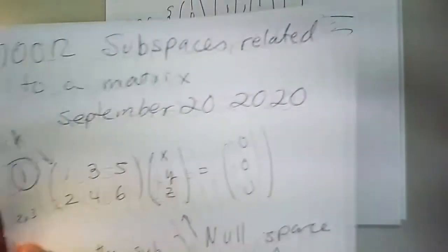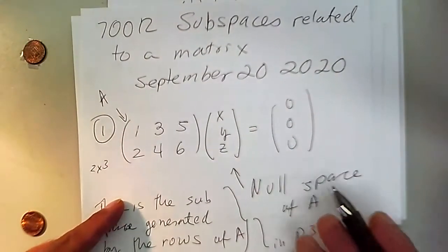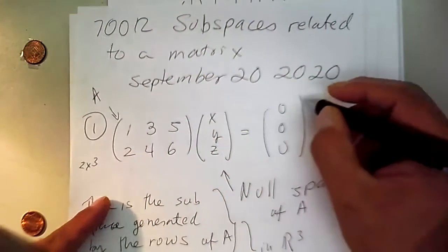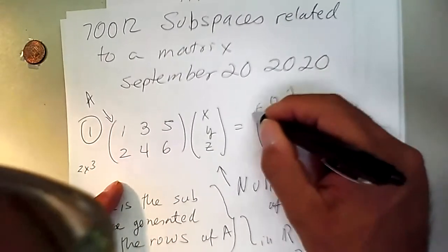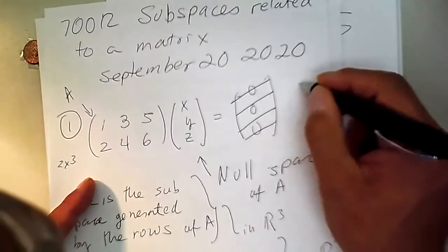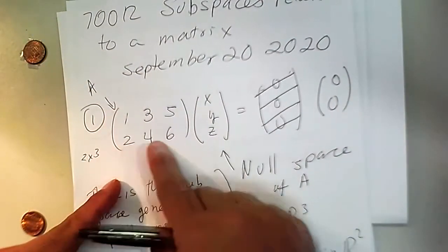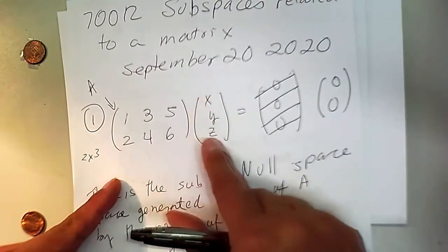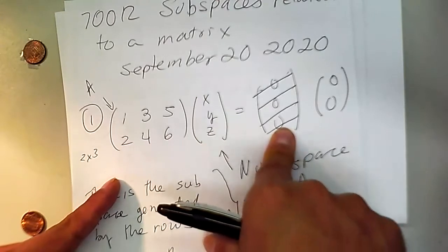Oh, by the way, I just realized, boy, I hate doing this in a video because I don't have somebody to tell me, hey, Mr. Salivar, shouldn't this be a 2 by 1? Because this is a 2 by 3, and this is a 3 by 1, so the multiplication makes perfect sense. But this doesn't make sense after the fact.